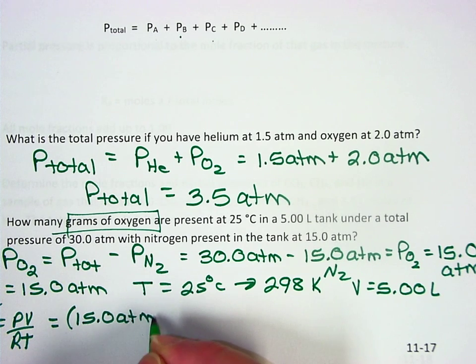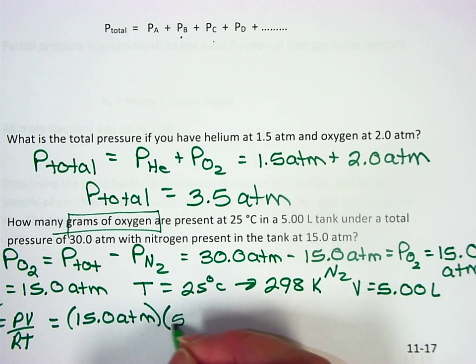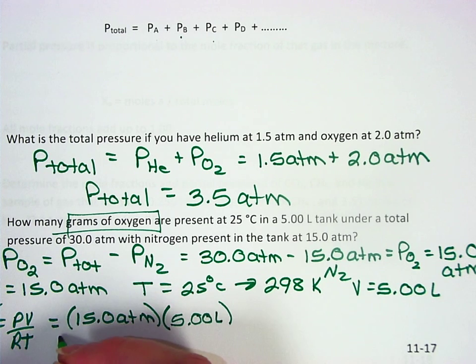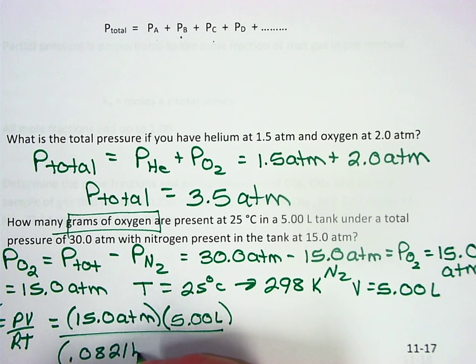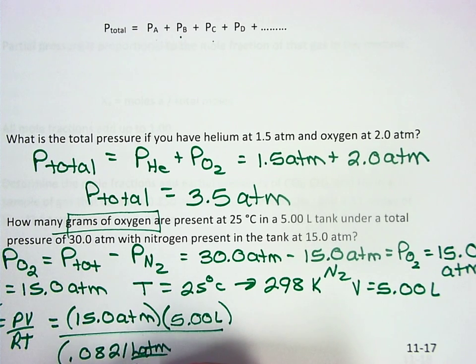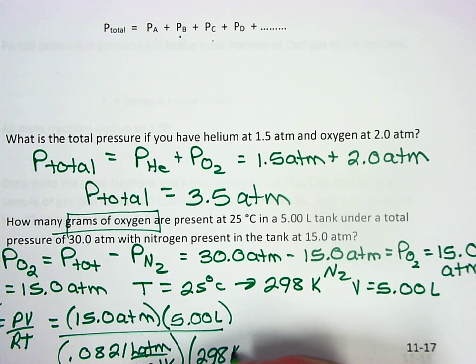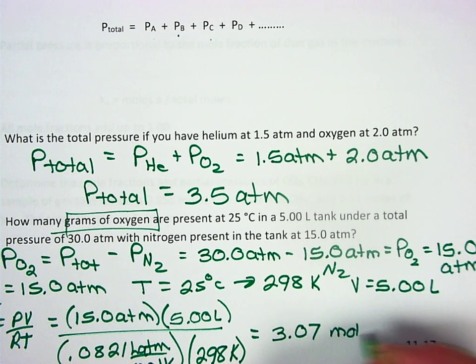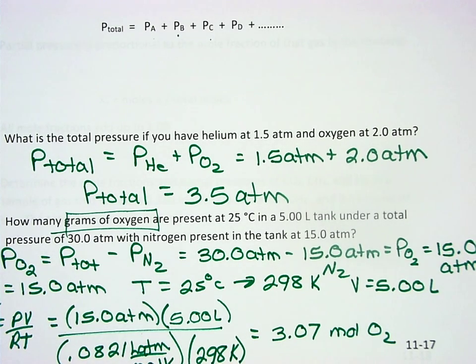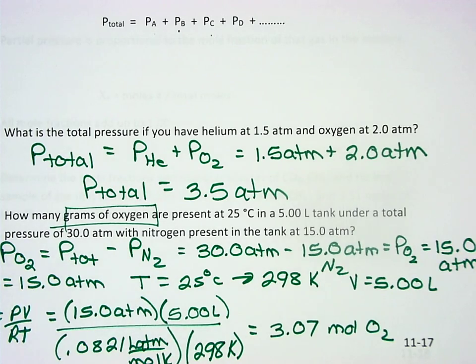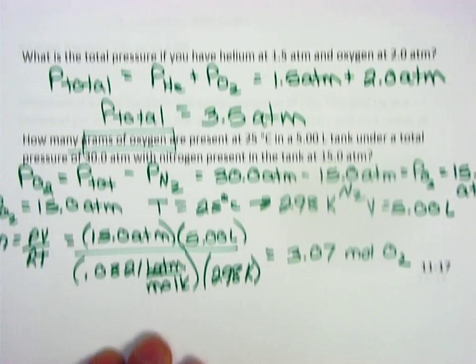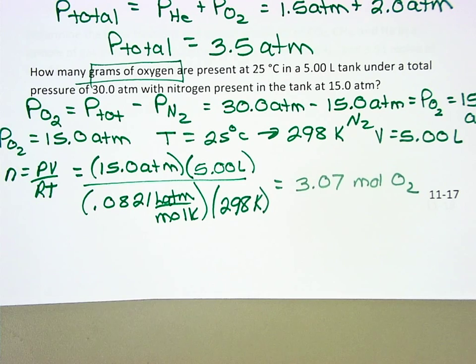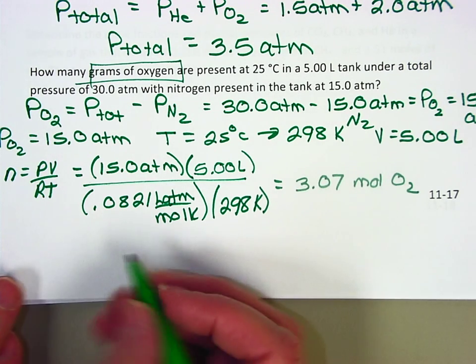We only use the pressure of the oxygen, not the total, times the volume, 5 liters, divided by the gas constant, 0.0821 liter atmosphere per mole Kelvin, times 298 Kelvin, and that's equal to 3.07 moles of oxygen. So now I've used Dalton's law for the first part of the problem. Now I use the ideal gas law. Now to answer the question, how many grams of oxygen, I'm going to use stoichiometry.